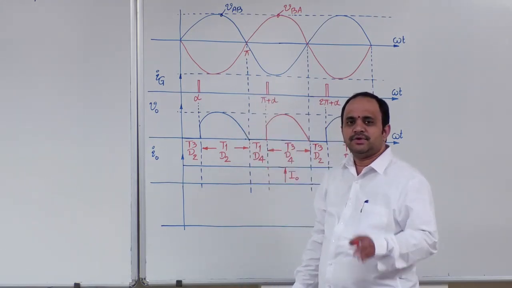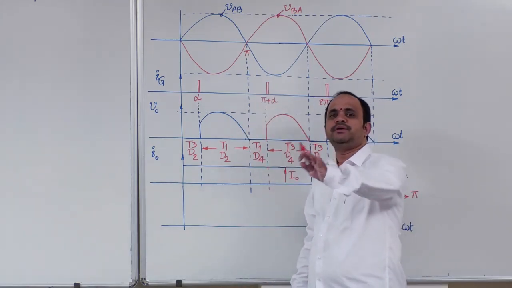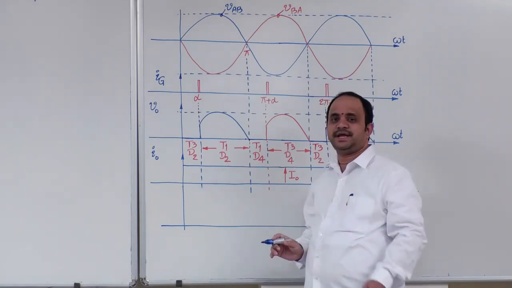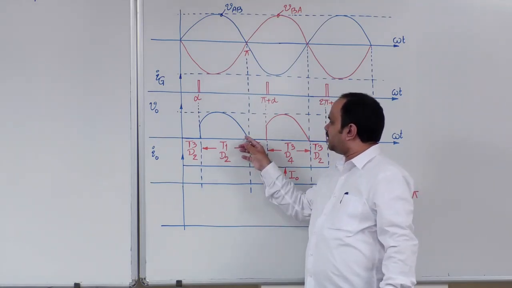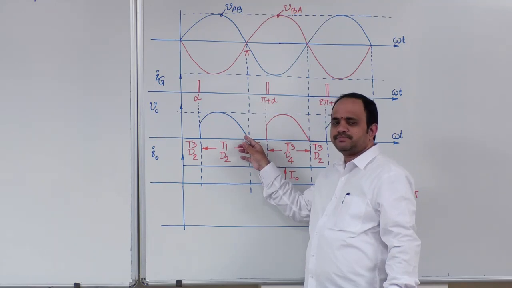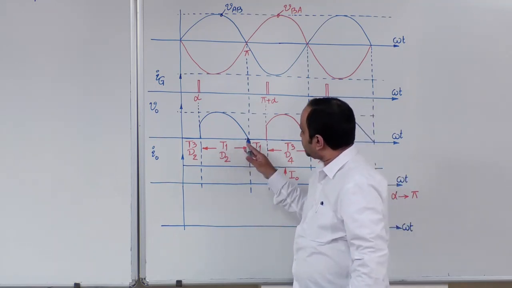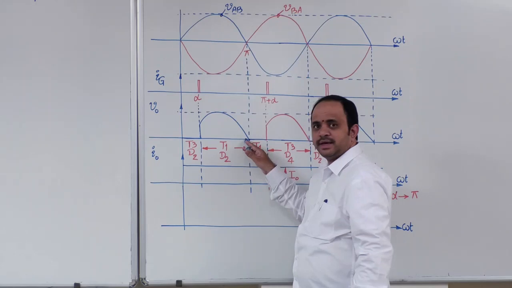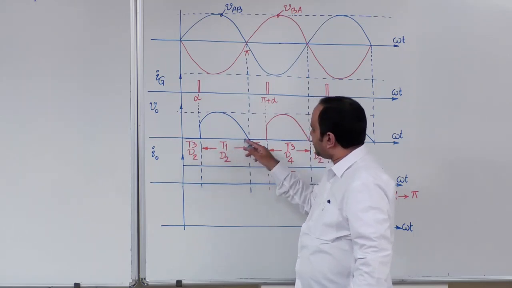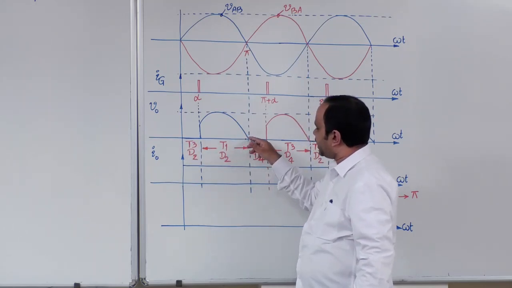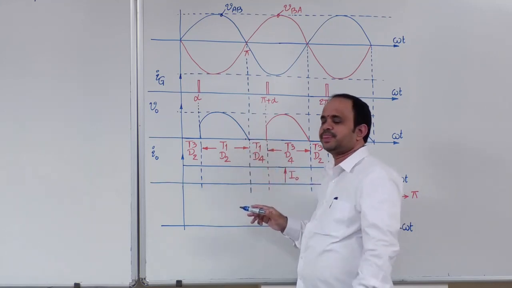What do you mean by that? At that instant we are giving a firing angle to T1. T3 will get reverse bias only from this instant to pi, a very short period of time.